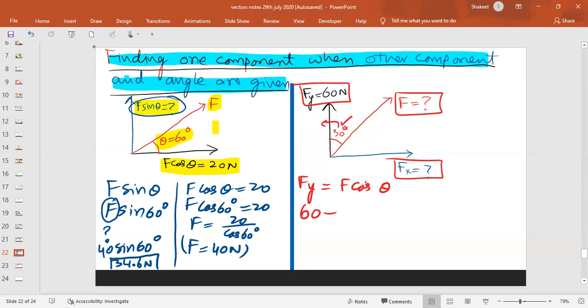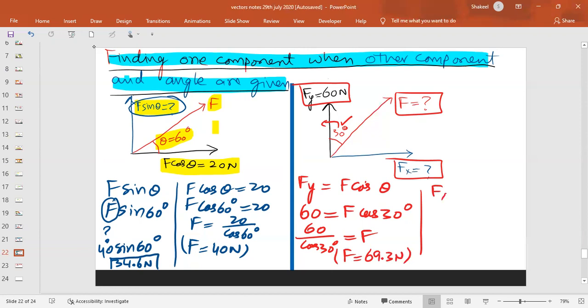So Fy is 60, F you don't know, and cos 30. So now it is 60 over cos 30. So you can find the value of F. And that value comes out to be 69.3. So this F is 69.3 Newton.